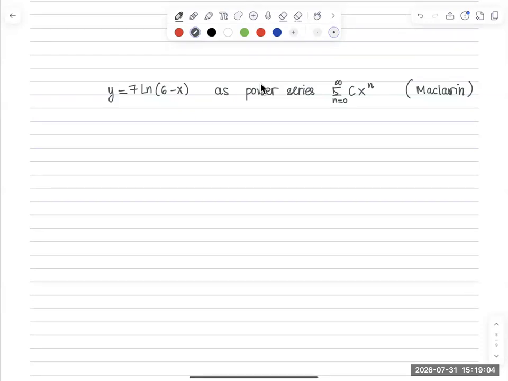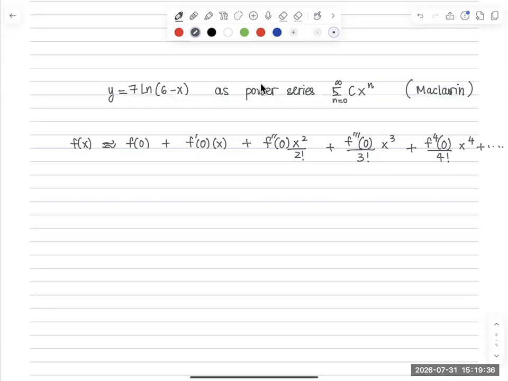We know that the function can be approximated using the Maclaurin polynomial, which is f of 0 plus f prime of 0 x plus f double prime of 0 x squared over 2 factorial, and then f triple prime of 0 over 3 factorial x cubed, and then f4 of 0 over 4 factorial x to the 4, and so on. So this is the Maclaurin polynomial.